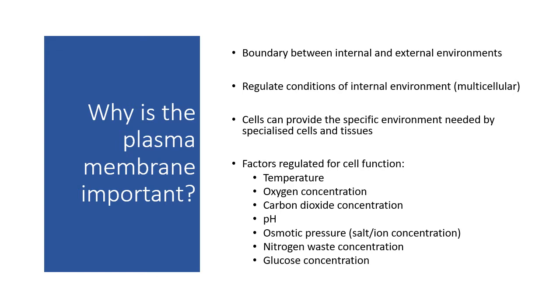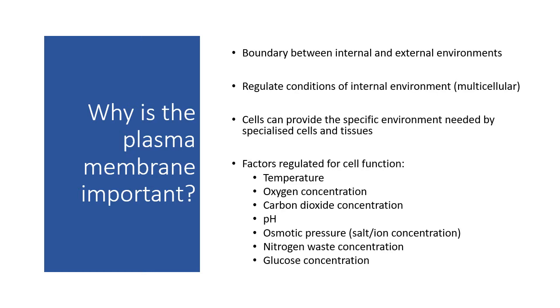So why is the plasma membrane important? Remembering that the plasma membrane separates the internal environment from the external environment, it allows multicellular organisms to regulate the conditions of their internal environment, which is crucial for them to survive. It also allows cells to provide the specific environment needed by specialized cells and tissues, and for cells to function more efficiently.